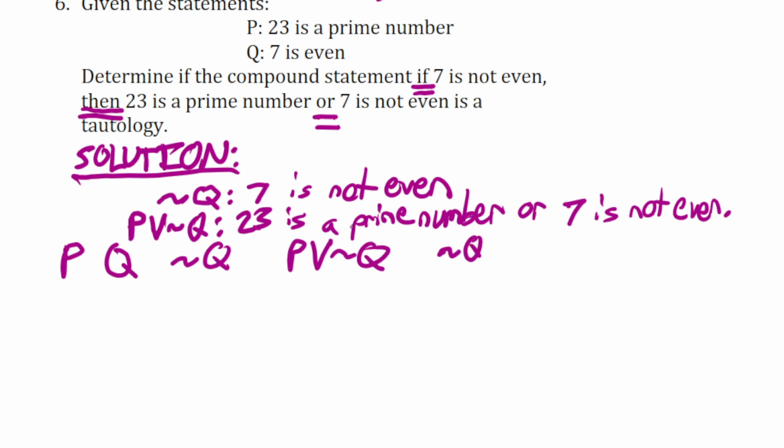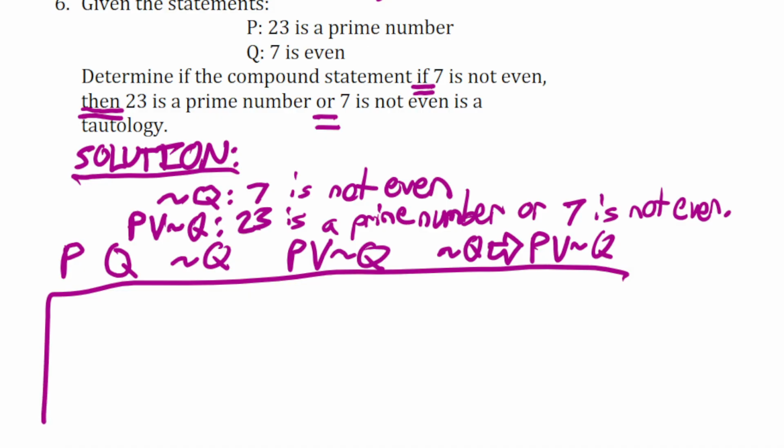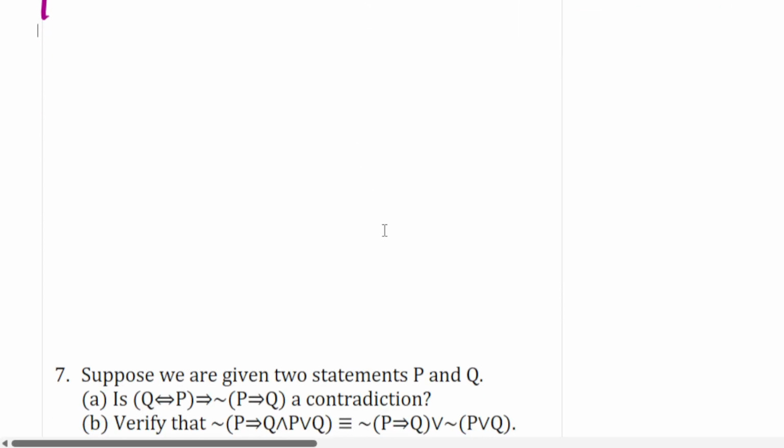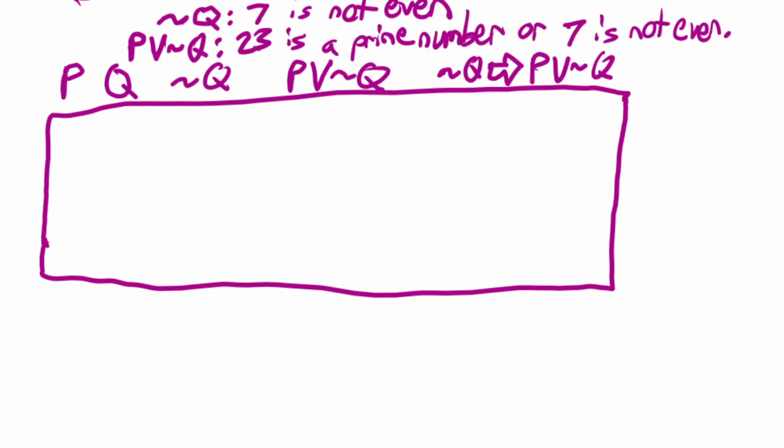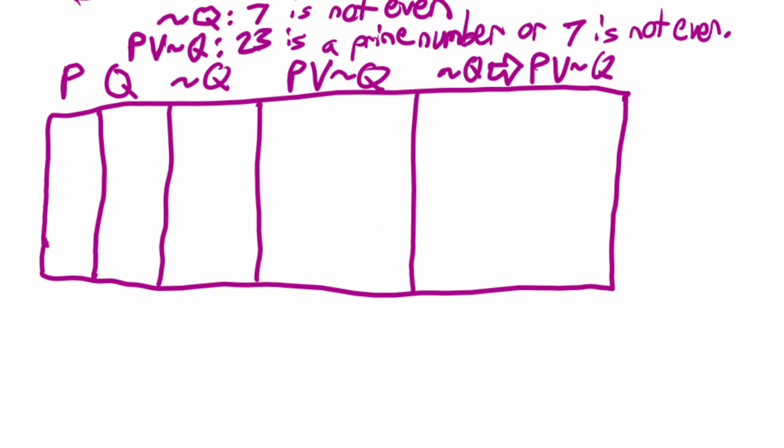And we have not Q implies P or not Q. Alright, so let's construct this truth table.